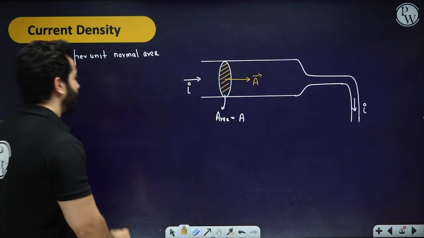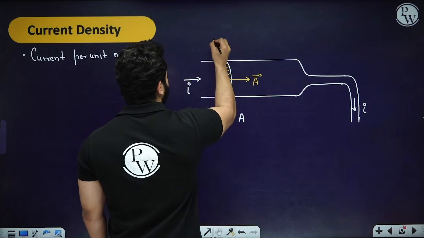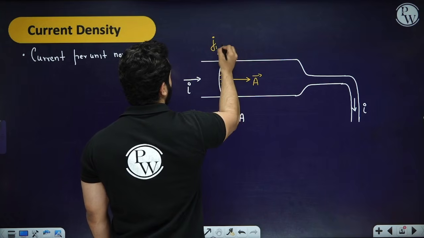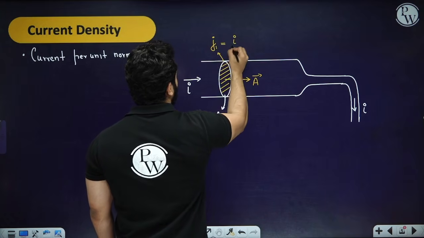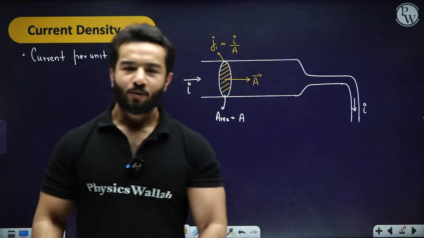So for this particular part, the current density J1 will become current I divided by the unit area, that is A. Is that clear? Hopefully this is clear.